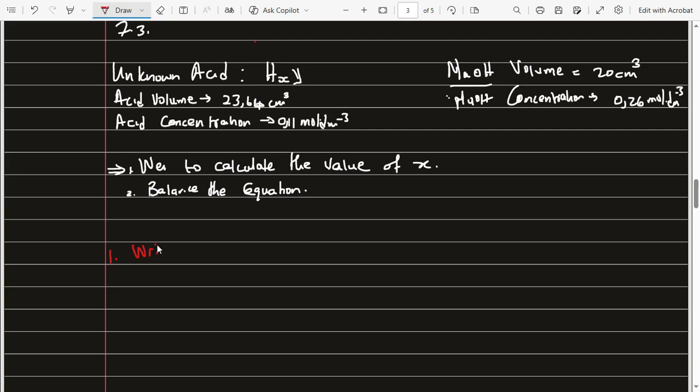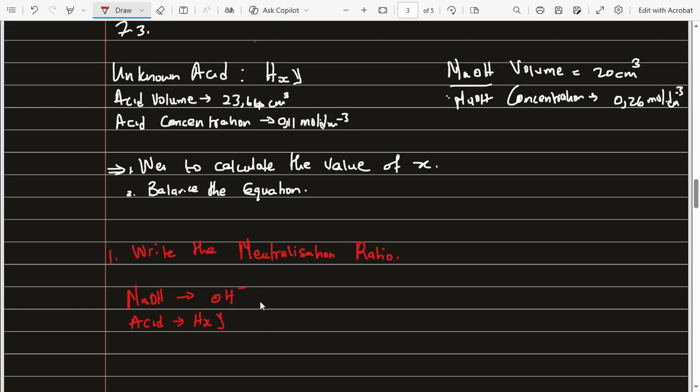Okay, let's write the neutralization ratio. On the neutralization ratio, we know that this NaOH will supply us with the OH minus, and then we have the acid. So the acid is HXY.